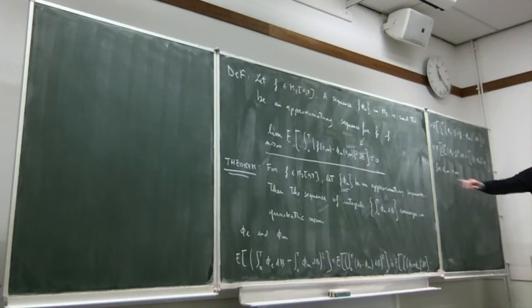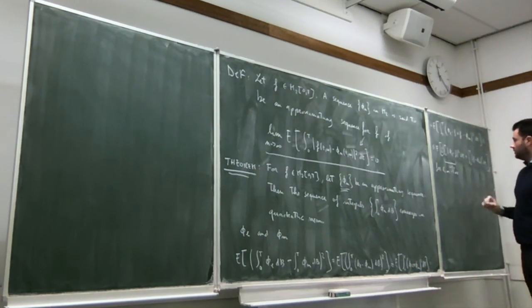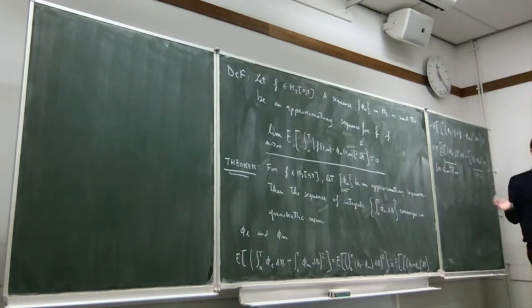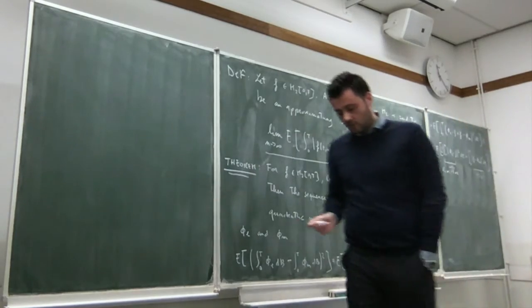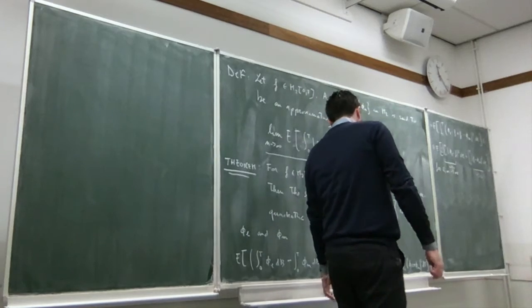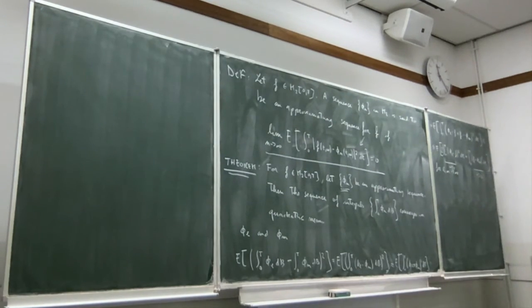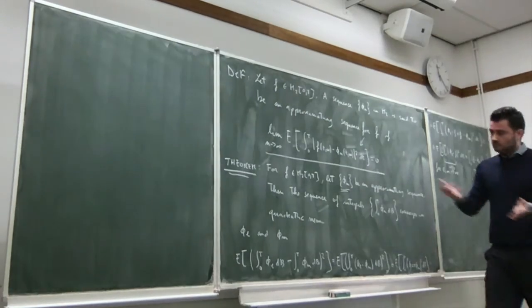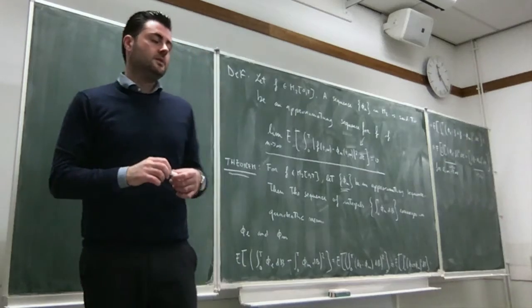So for L and M tending to infinity, this term tends to 0, and this term tends to 0. So everything tends to 0, and so we have our convergence in quadratic mean. The trick is to exploit first the isometry, and then the definition of approximating sequence.